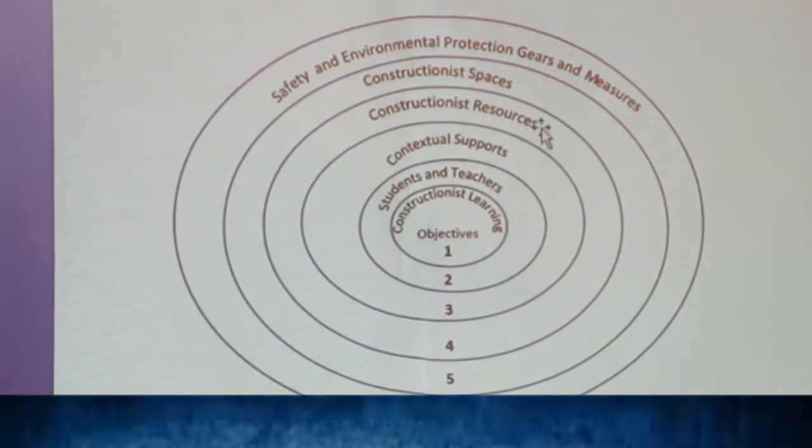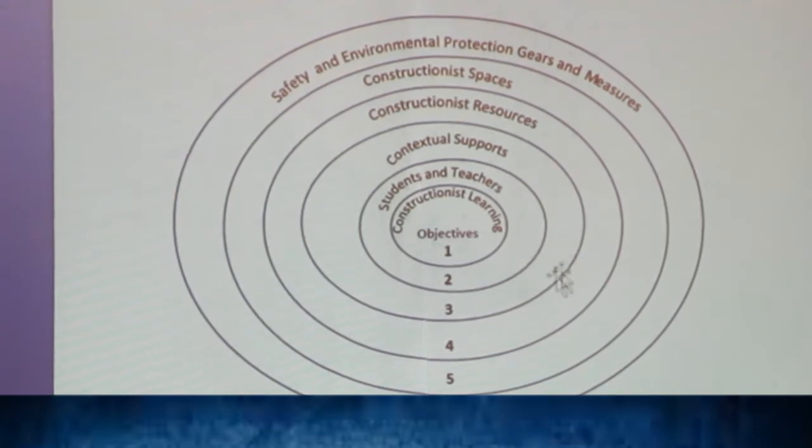The following cycle is the contextual supports. Then follow constructionist resources such as construction materials, tools and facilities. Then you have constructionist spaces, and the outer cycle includes safety and environmental protection gears and measures.